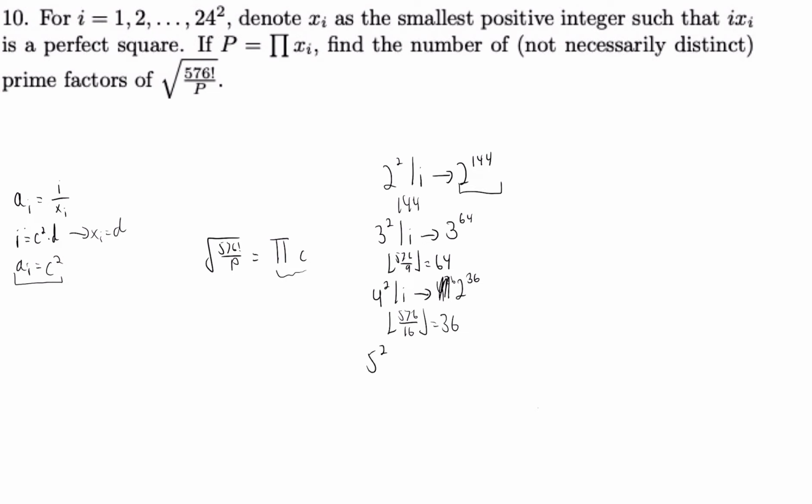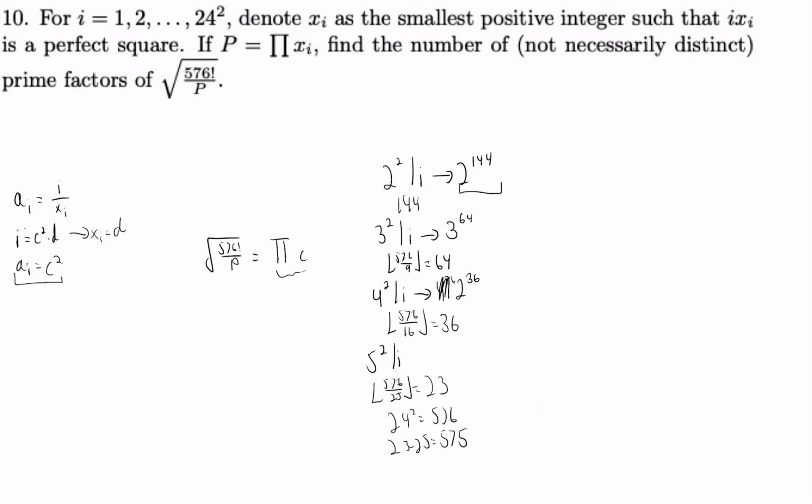And if 5 squared divides i, we can do the same thing. This is equal to 23, because 24 squared is equal to 576, and 23 times 25 is equal to 575.